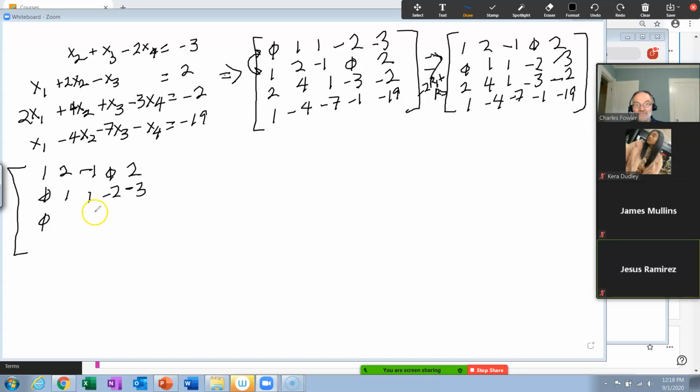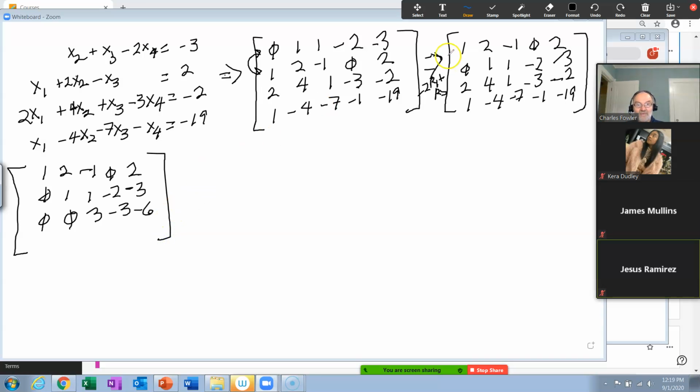Then, negative 2 times 2 is negative 4 plus 4. That's also a 0. Then, a negative 2 times negative 1 would be a positive 2 plus 1 would be a 3, I believe. Check me if I'm wrong. Okay. And then a negative 2 times a 0 is a 0 plus a negative 3 would be a minus 3. And then a negative 2 times 2 would be a negative 4 minus 2 is minus 6.